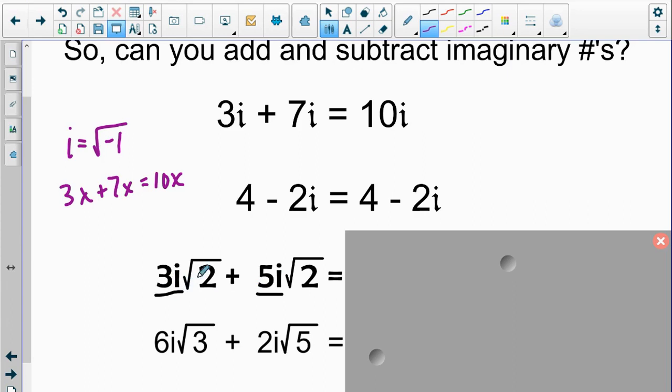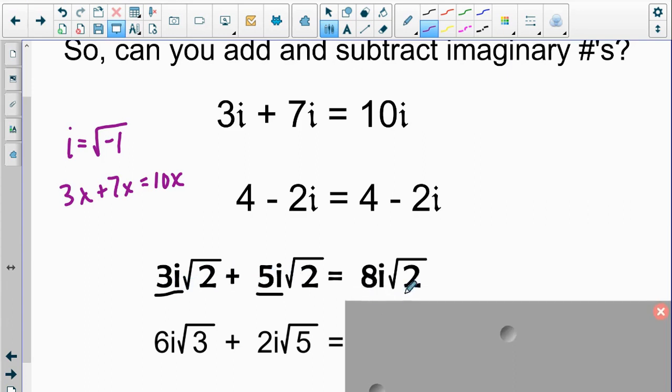So 3i square root 2 plus 5i square root 2 becomes 8i square root 2. So see how that works? We have to have like radicals to be able to combine those like terms. And then we add the coefficients, 3i plus 5i, to get the new coefficient.